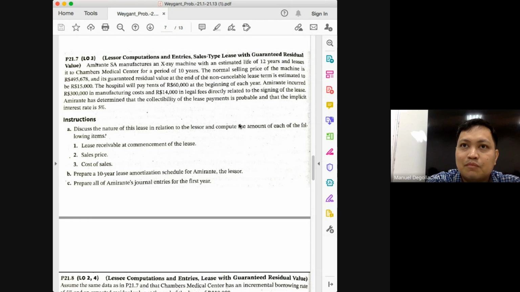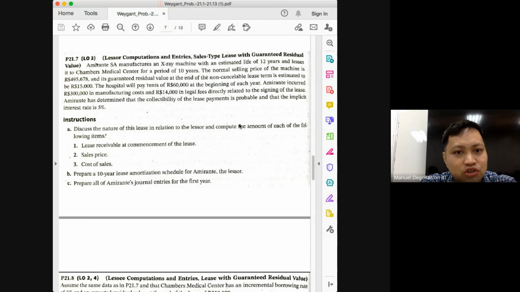And 5th, specialized use: the leased asset is of a specialized nature that it practically has no alternative future use on the part of the lessor. Here, we are not given any information as to specialized nature. Definitely, an X-ray machine is not specialized in nature, class.